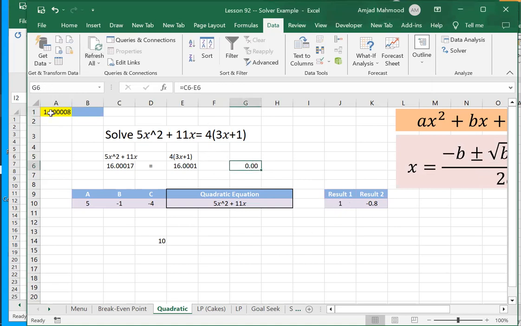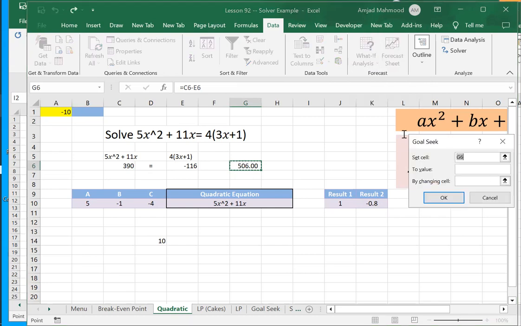Similarly, if you have, for example, a value of -10, so this is not equal to 0, so let's see, it should bring -0.8 in order to bring this to 0. So let's use goal seek. We are setting this to be 0.